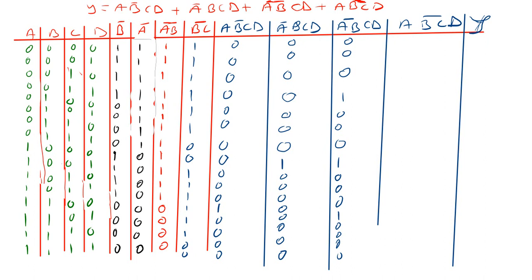So when we go to the other one, we shall use the column that we constructed for BC overall negation and the initial A and D. Then you multiply them, using the logical multiplication.